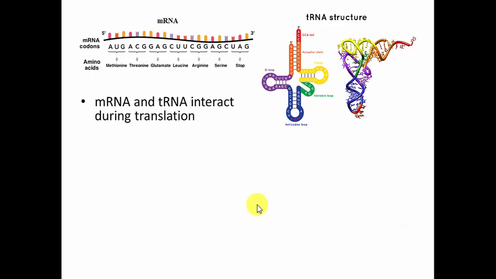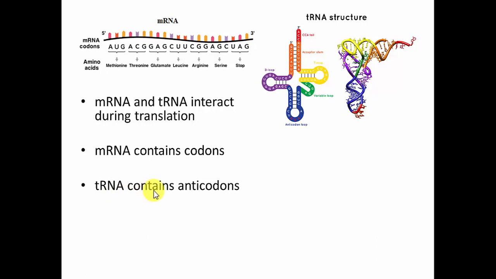During protein synthesis at the site of the ribosome, transfer RNA and messenger RNA are going to interact during translation. The messenger RNA contains codons. The codons spell out how to make proteins, by individual amino acids. Transfer RNA contains the region called the anticodon region, the anticodon loop, as I described it here.